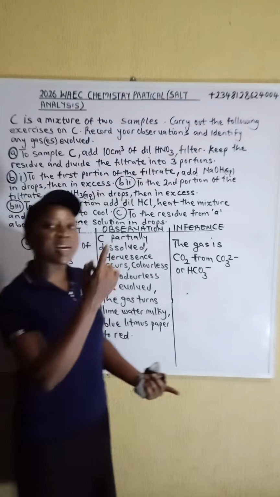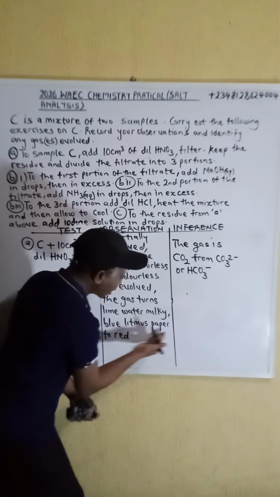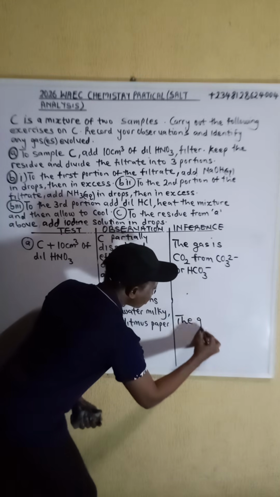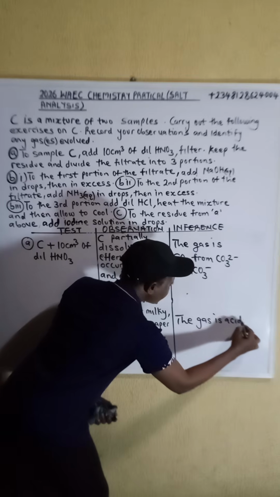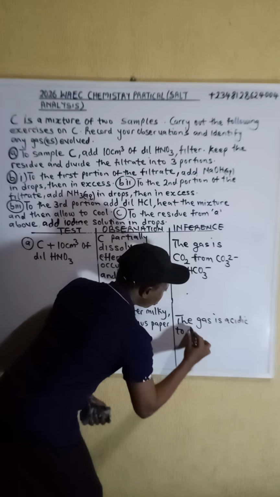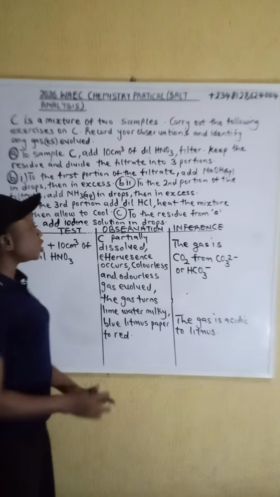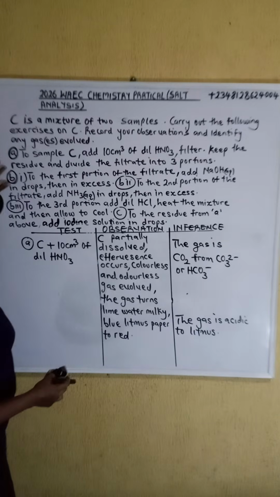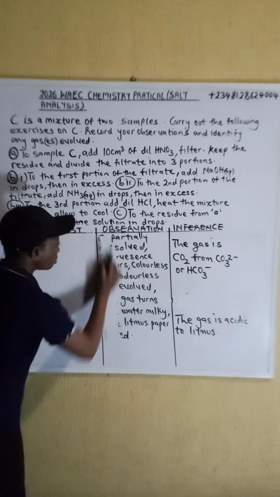It is only an acidic gas that will turn blue litmus paper to red. So for the last statement, we are going to say that the gas is acidic to litmus. So that is question A. So let's move to question B.